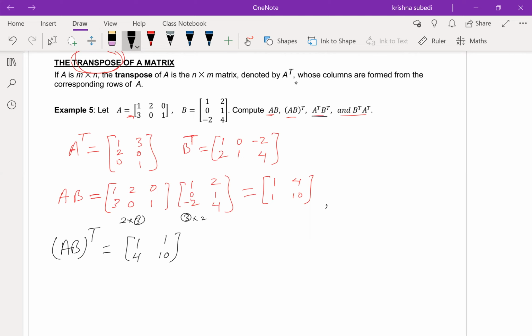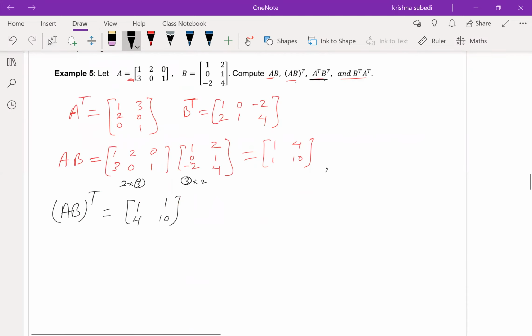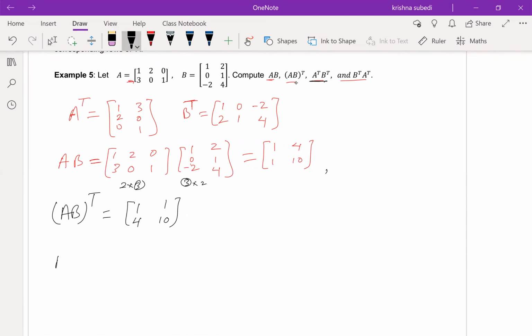And then let us calculate A transpose, B transpose, and multiply that. We already calculated A transpose, which is 1, 2, 0, 3, 0, 1. And B transpose is 1, 0, -2, 2, 1, 4.